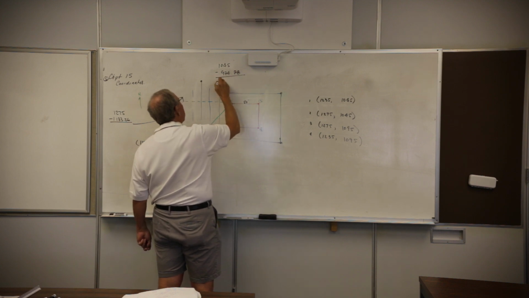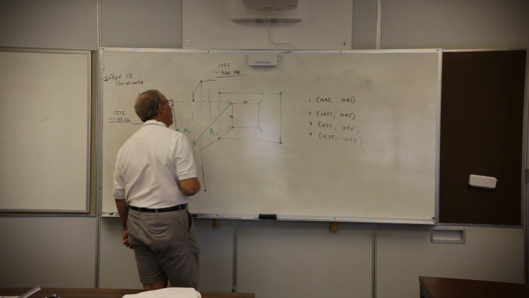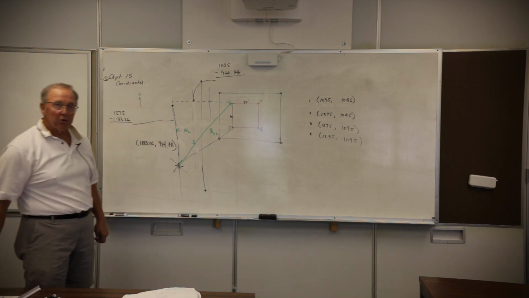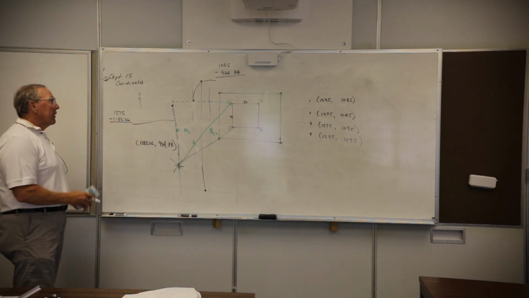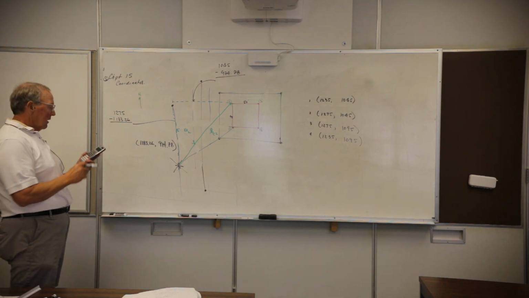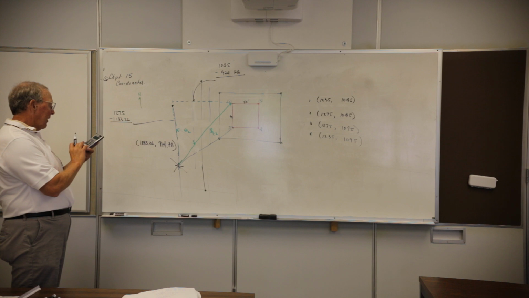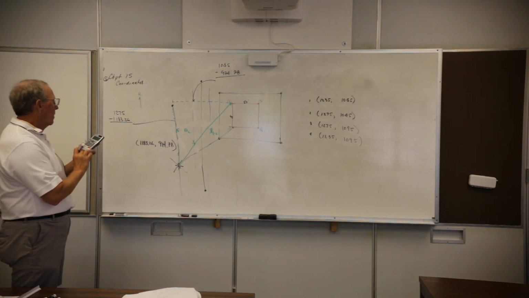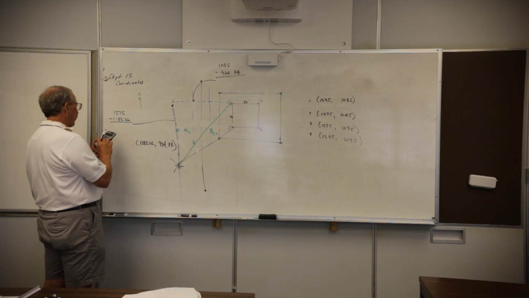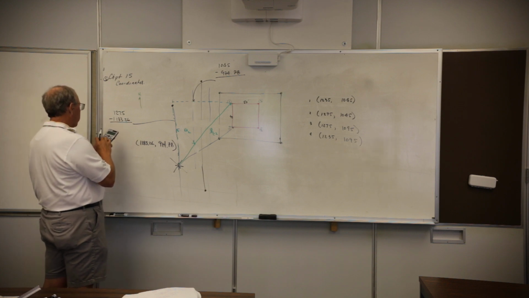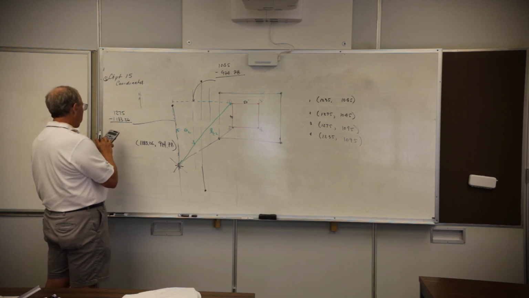And that is that dimension. Once I get those two, square them, add them together, take the square root, and you've got your length. So clear. 1275 minus 1183.26.